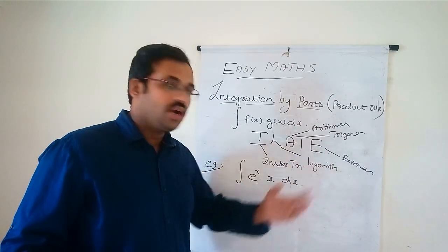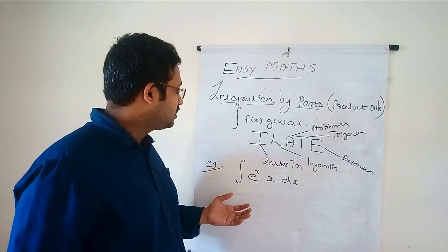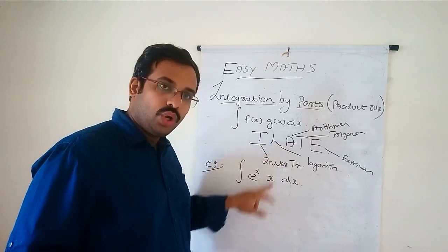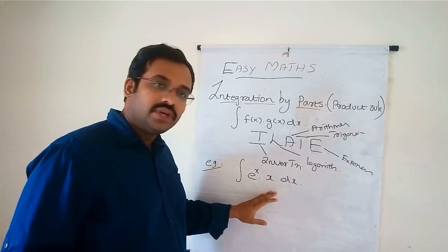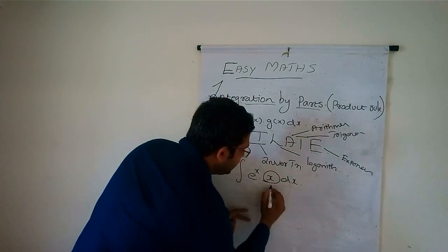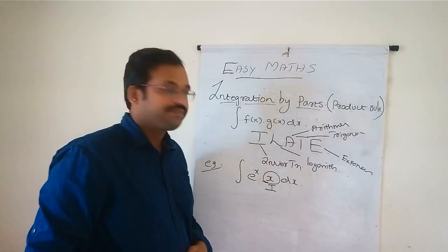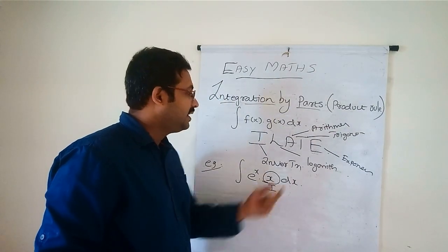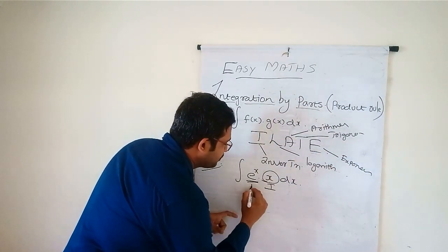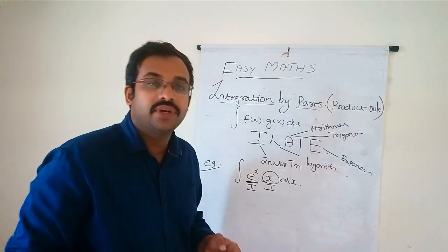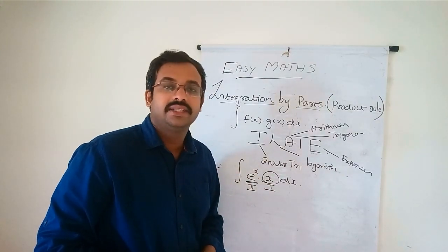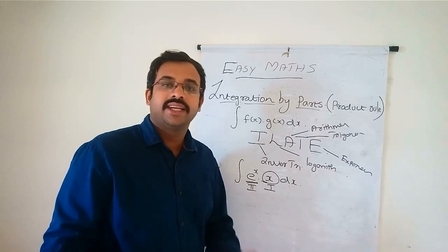According to this order, there is no inverse trigonometry and no logarithmic function, so the arithmetic function comes first. Then x is our first function. The exponential function comes last, so we select the exponential function as our second function. Likewise we select the first and second function.